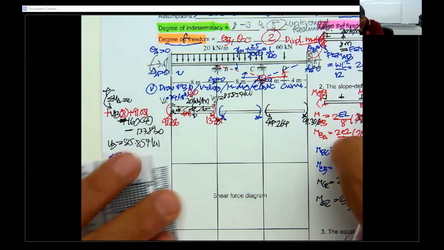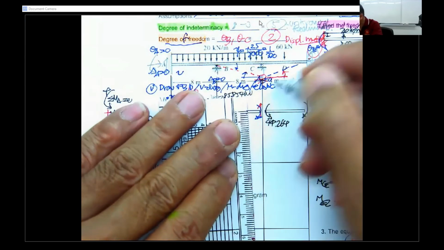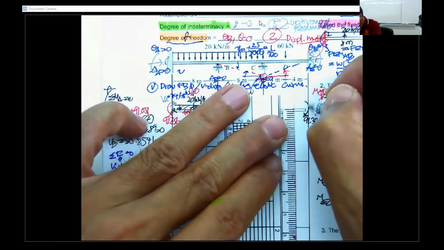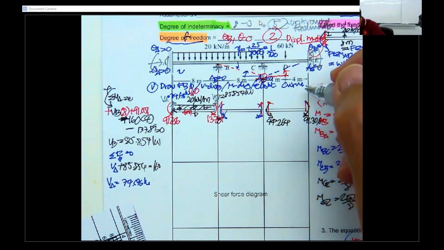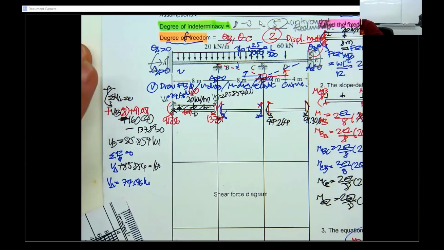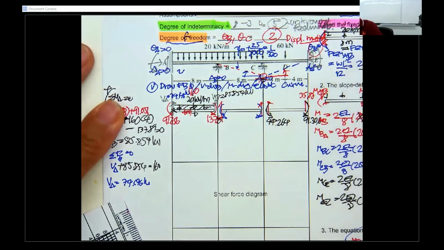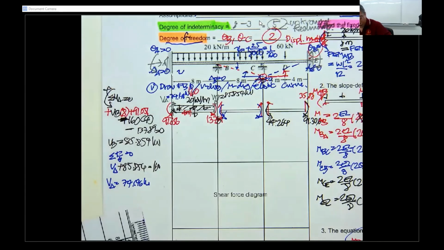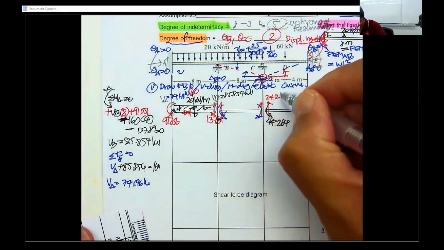Let's see. You have the shear over here, over here, and over here. The values that I have: 35.88, and this is 24.14, if I'm correct. No, 24.12 kilonewton.